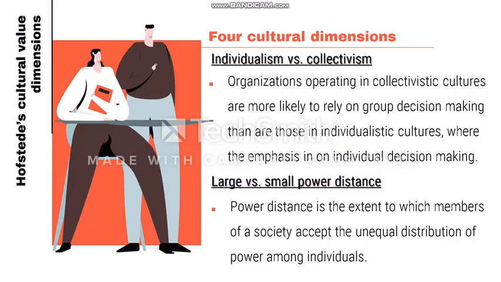He found that the differences in respondents' answers to 32 statements could be based on four value dimensions. The first is individualism versus collectivism. The second is large versus small power distance. The next is strong versus weak uncertainty avoidance. And the last one is masculinity versus femininity.